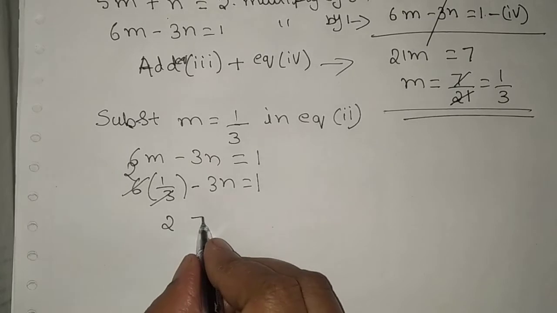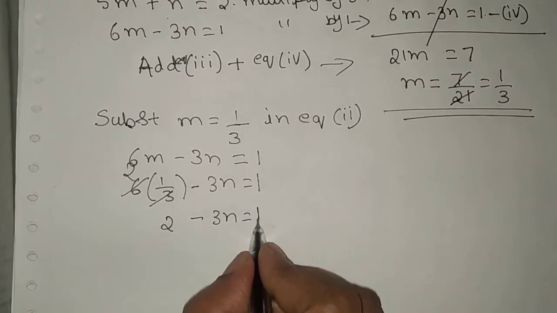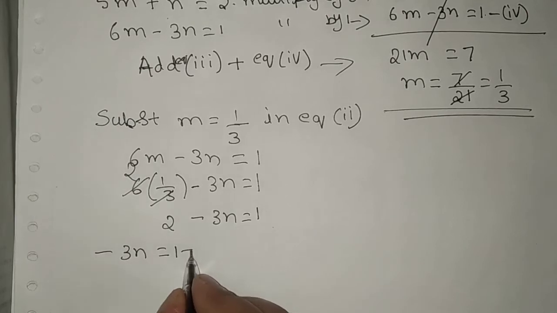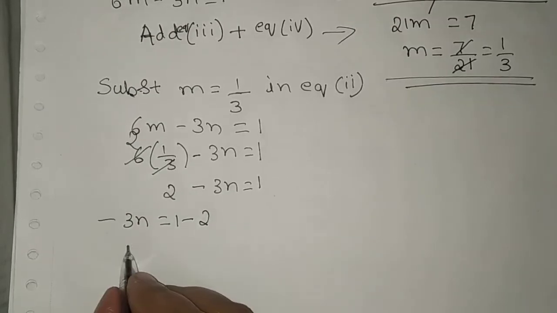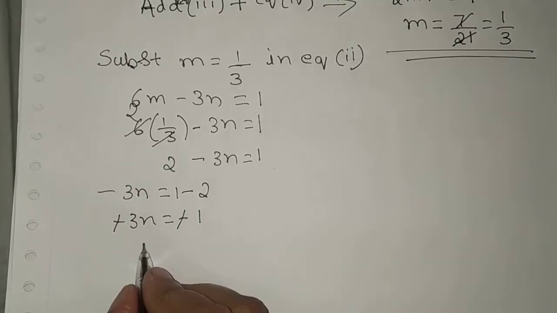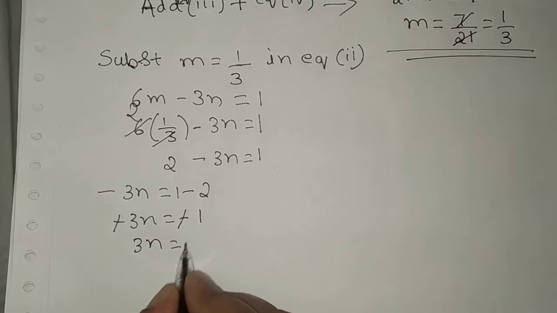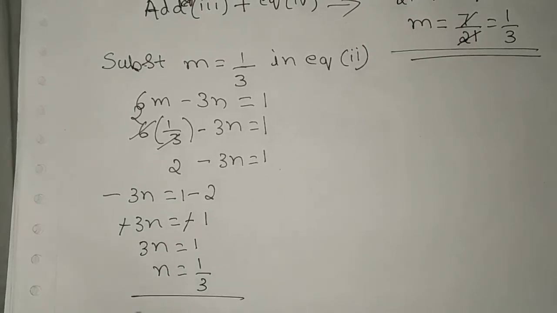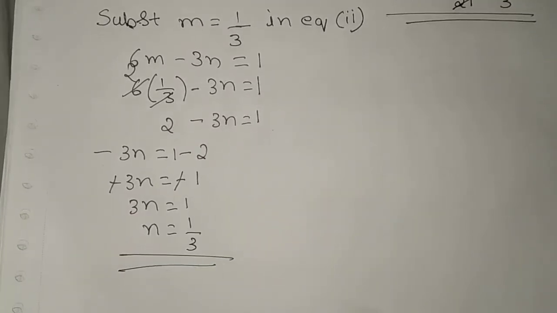Therefore 2 minus 3n is equal to 1. Therefore minus 3n is equal to 1 minus 2. Then minus 3n is equal to minus 1 we get. Minus cancels. Therefore 3n is equal to 1. n is equal to 1 by 3. So we got n also.